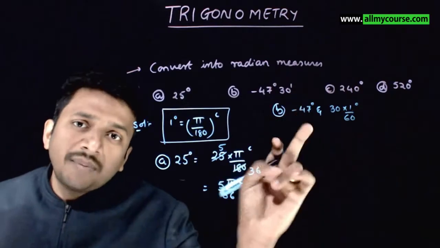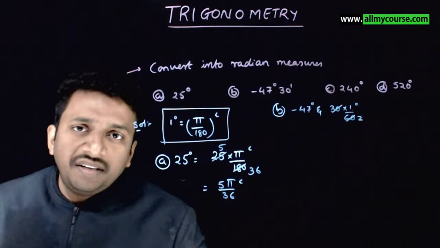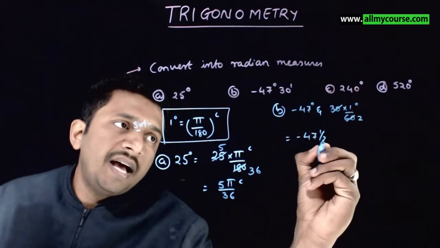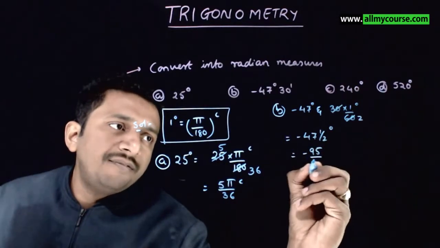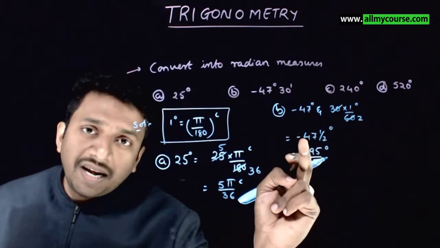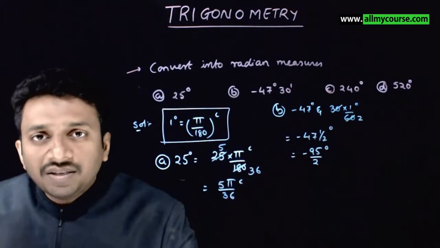So 1 minute is 1 by 60th of a degree. So this gets cancelled, and this gives you half a degree. That is equal to minus 47 and a half degrees. That is equal to minus 95 by 2 degrees, right? Mixed fraction: 2 into 47 is 94, plus 1 is 95. So minus 95 by 2 degrees.